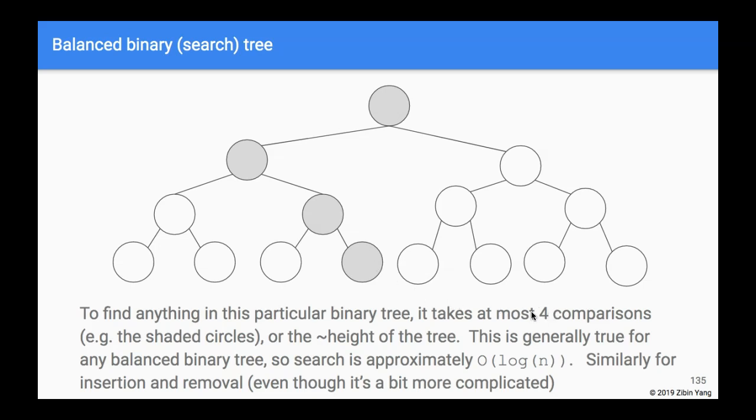So 4 comparisons, the height is 3, so the number of comparisons is really the height plus 1. So it's almost exactly the same as the height, especially when the tree gets large. And remember, the height is a function of the number of nodes, which is log of n. And so search is really O of log n for a balanced binary search tree.